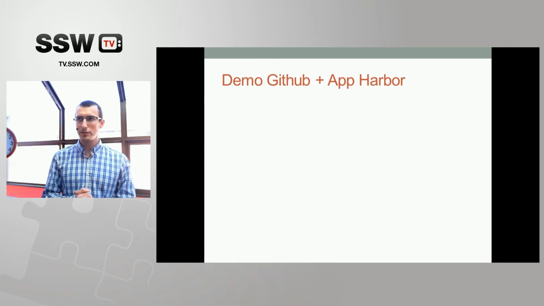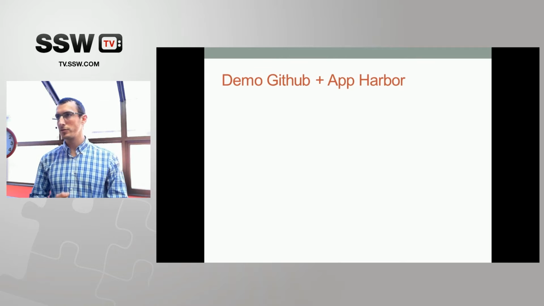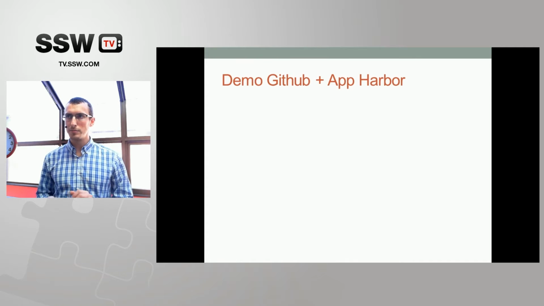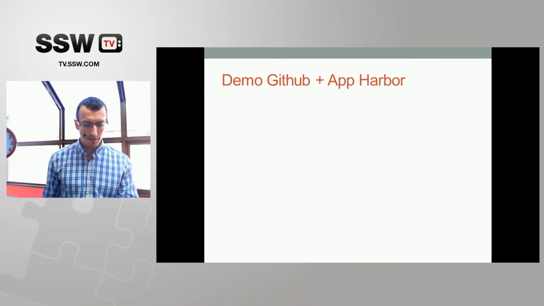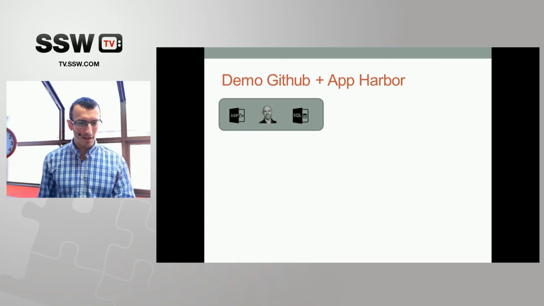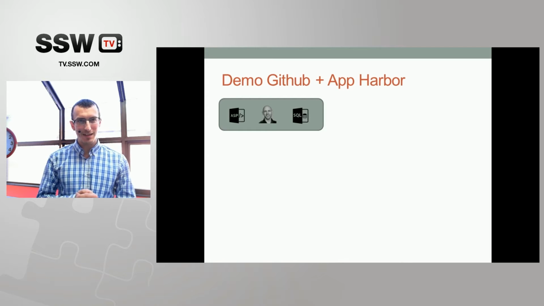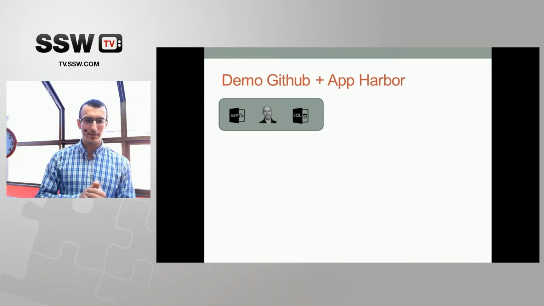Okay, so that was a bit about App Harbour. Now I'm going to explain to you about the demo and what I'll be showing you. So in the demo, I've got this application which I've written, and it's written in ASP.NET.